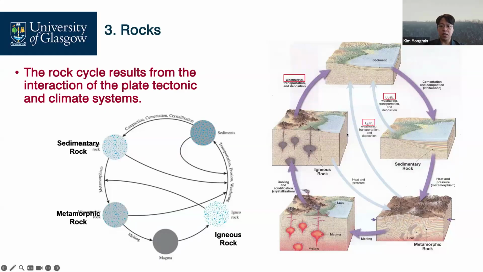Our crust and continent uplift, and then wind, water, and ice break our rock into smaller particles, and they travel from high to lower levels, with different energies, high-level and low-level energies, and then deposit and go deeper, and then become metamorphic rock, and again are exposed to our dynamic environment.